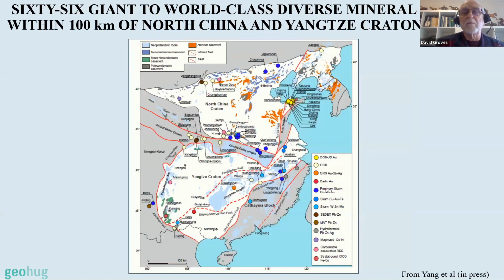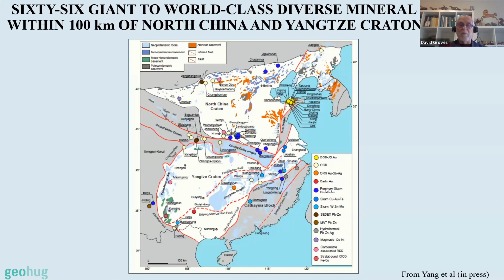And perhaps the most amazing one anywhere is this China example, and to me explains why China is the premier producer of many metals and elements because of these craton margins.